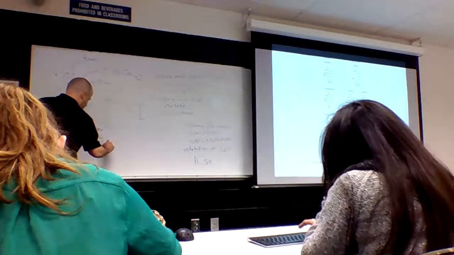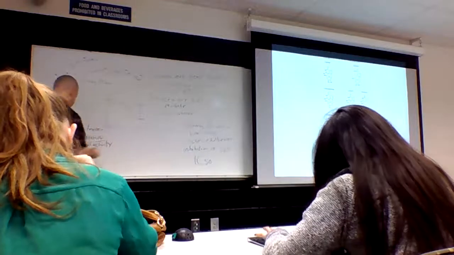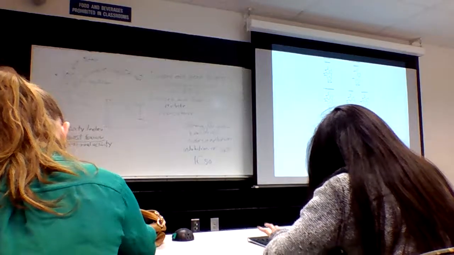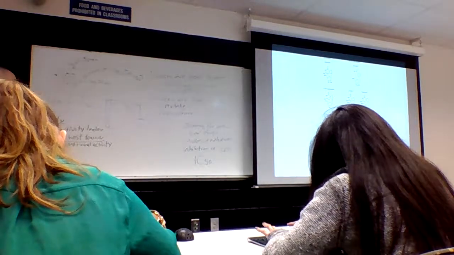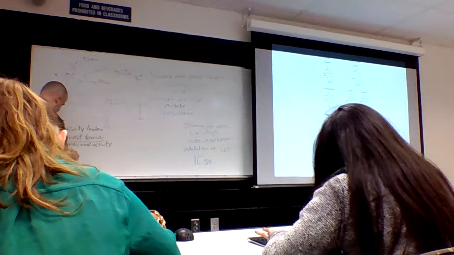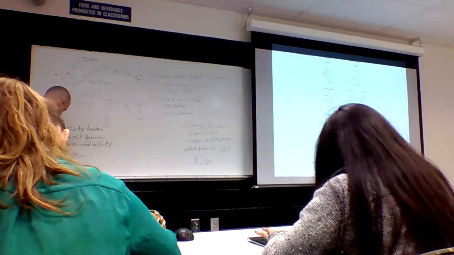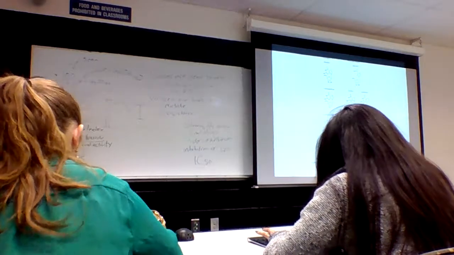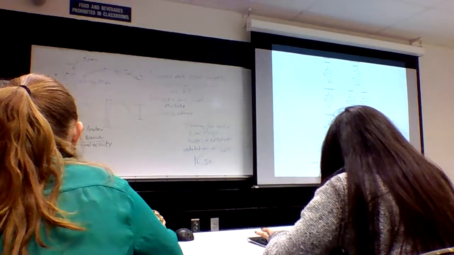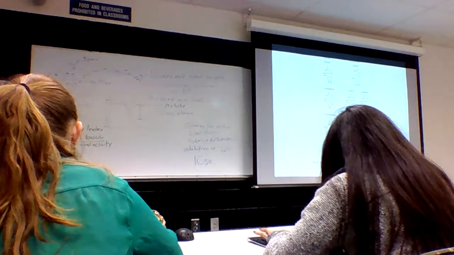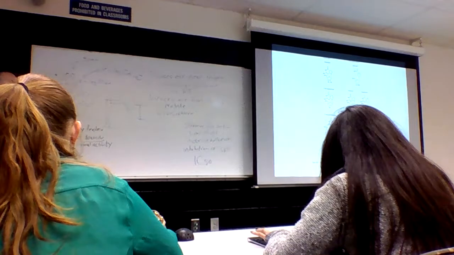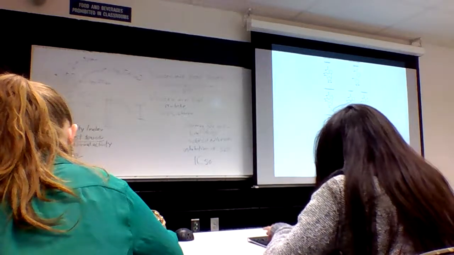Again, it's a matter of unit definition, but one way to express a selectivity index would be LD50 over IC50. So LD50 is that dose that's going to kill 50% of the test subjects.